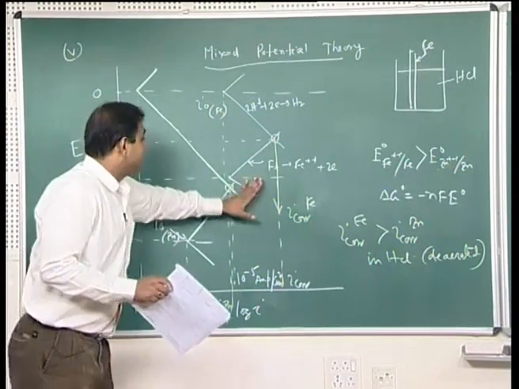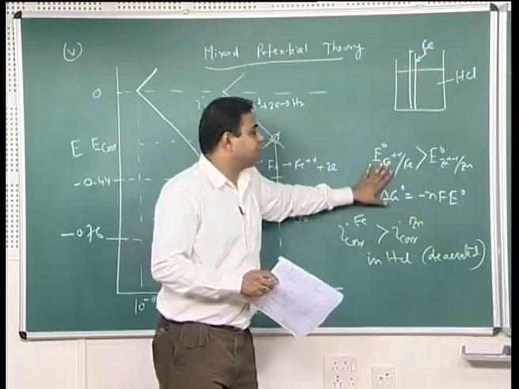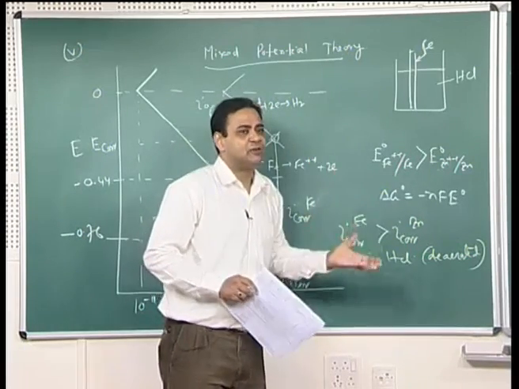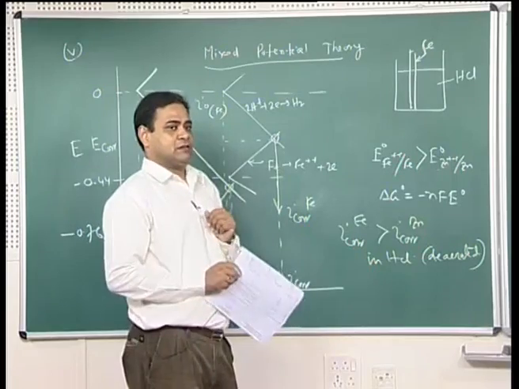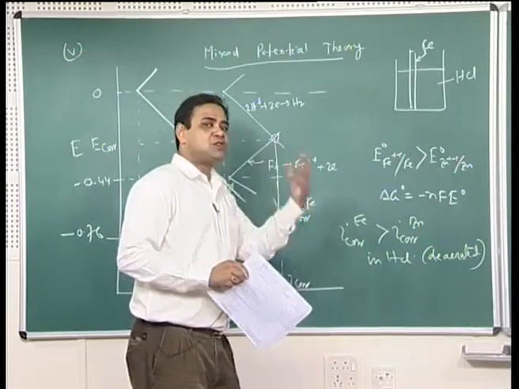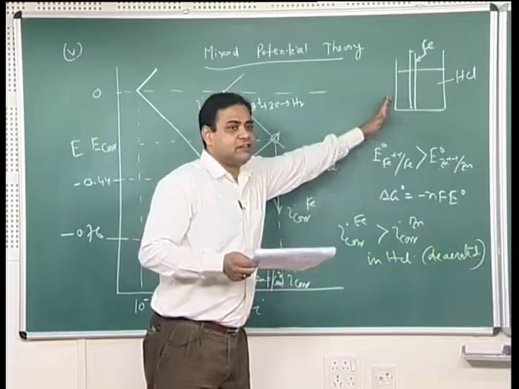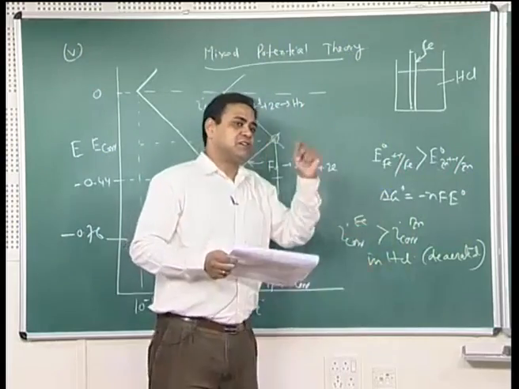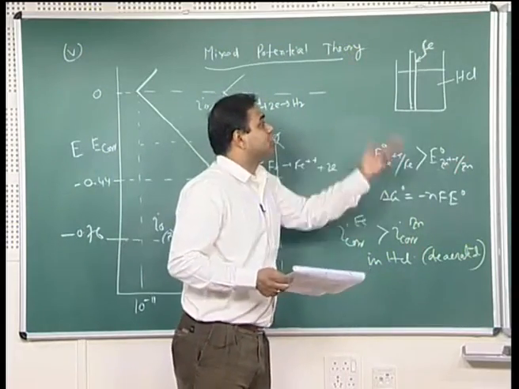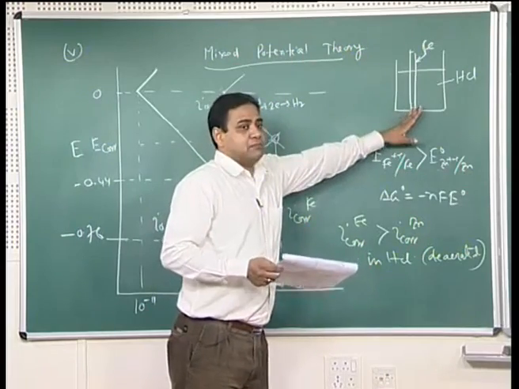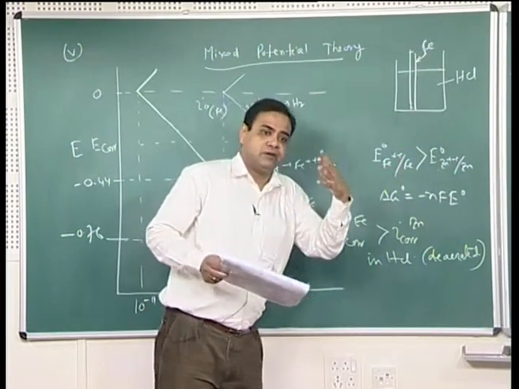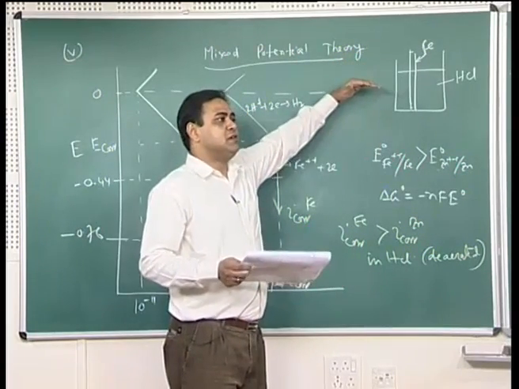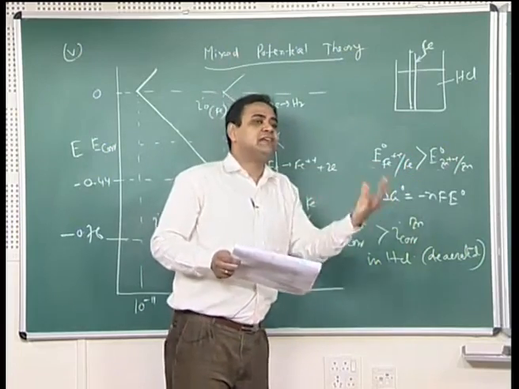Fine. So, that means with the information from the standard reduction potential series, we can only say which one is active, which one is noble, but the rest we cannot say, as the actual situation will be different like this. The actual situation says that even if a metal is noble in the reduction potential series, it can corrode at a much faster rate in a medium than the other which is far below that reduction potential and has active nature.